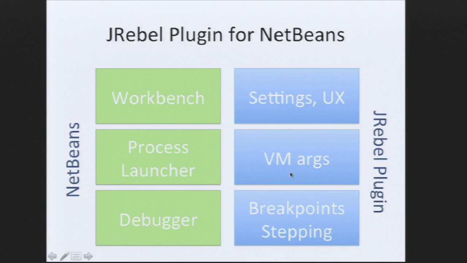VM arguments: JRebel is bootstrapped using JVM arguments on the container, and the process launcher is the component inside the NetBeans IDE platform that we should integrate with to pass the correct arguments to the launcher to be able to start with JRebel, and also the breakpoints and stepping facilities for the debugger.